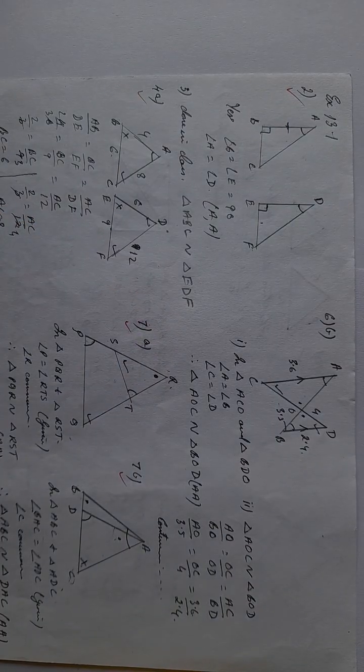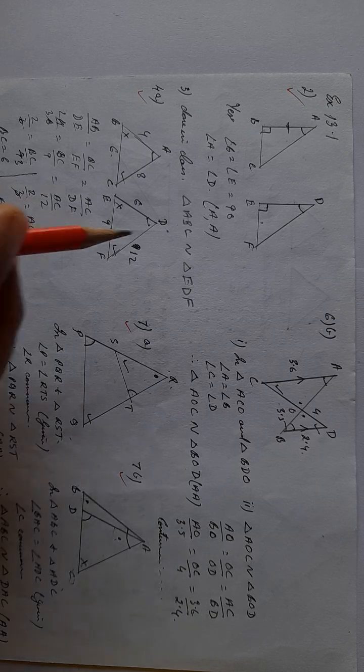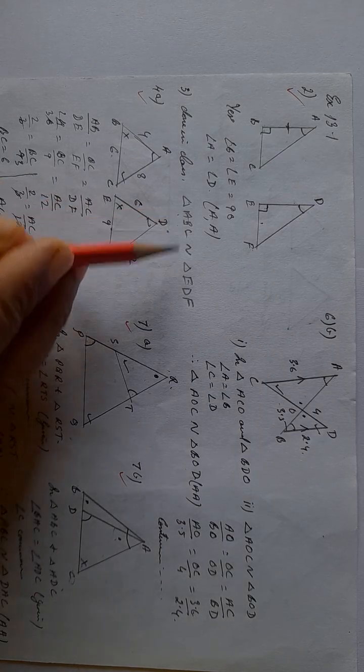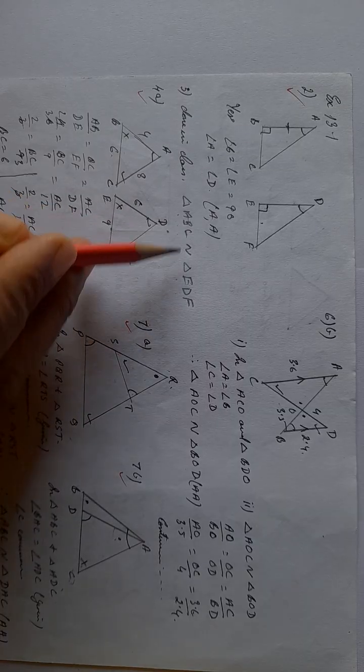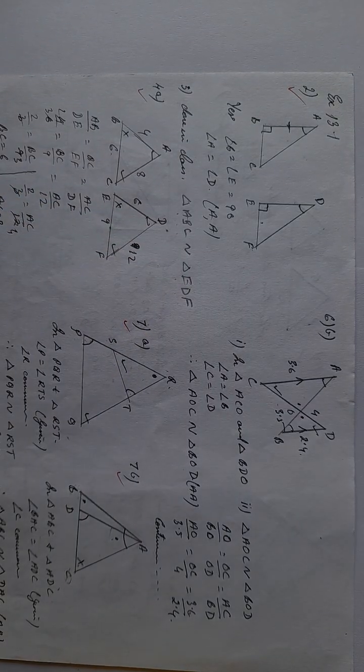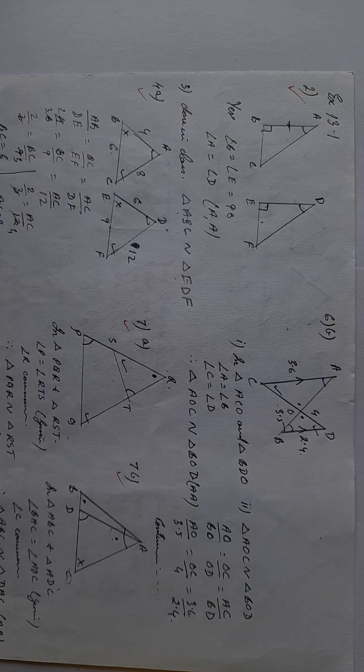Then in such cases, we take it for granted that angle A is equal to angle E, angle B is equal to angle D, and angle C is equal to angle F.